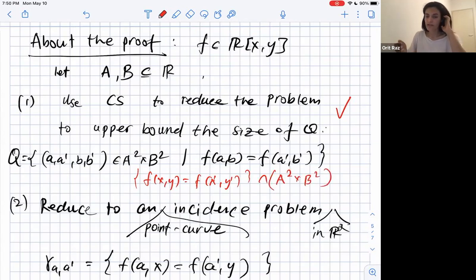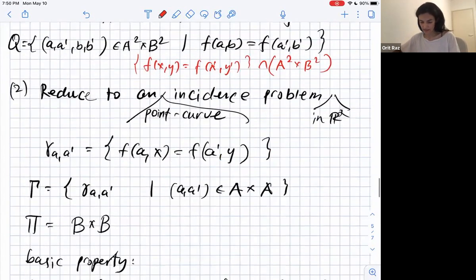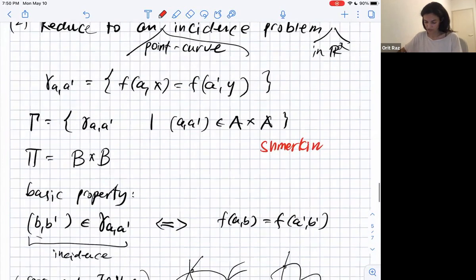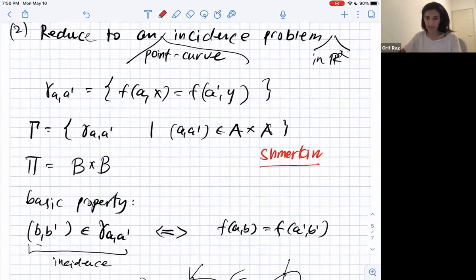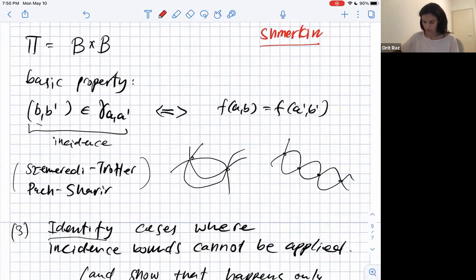And now, instead of the tools from discrete geometry, the incidence bounds, we had the recent result of Pablo Shmerkin. Instead of Szemerédi–Trotter and Pach–Sharir, we used the result of Shmerkin that more or less gave this, but it has some assumptions, and we wanted to show that these assumptions apply. And this somehow goes together.